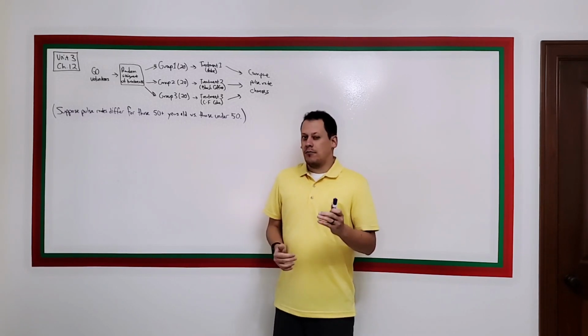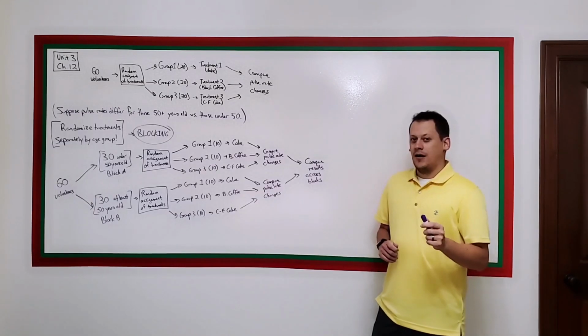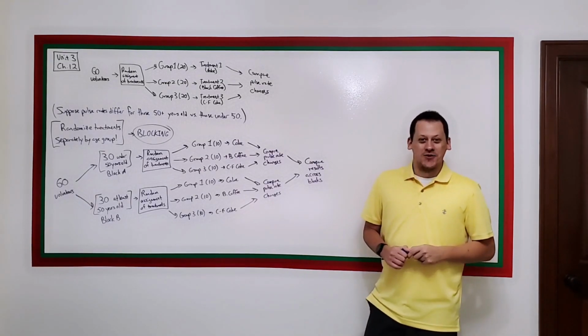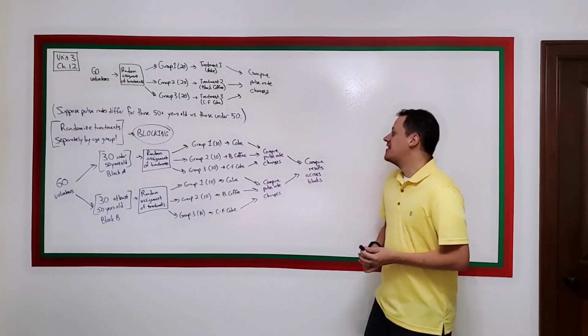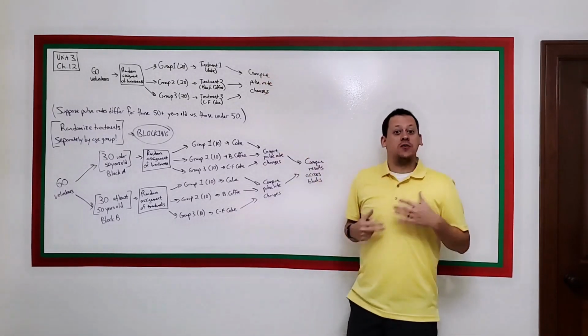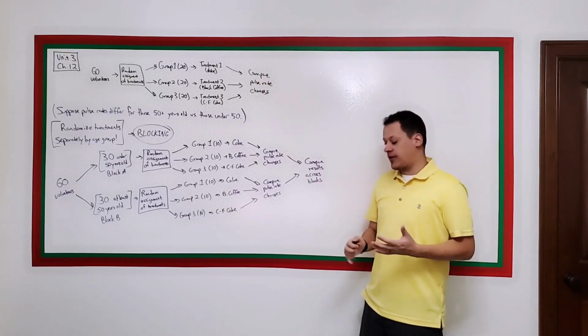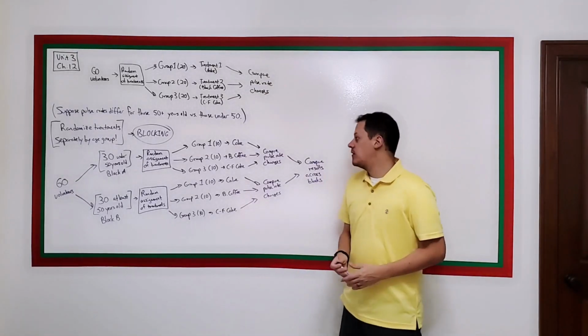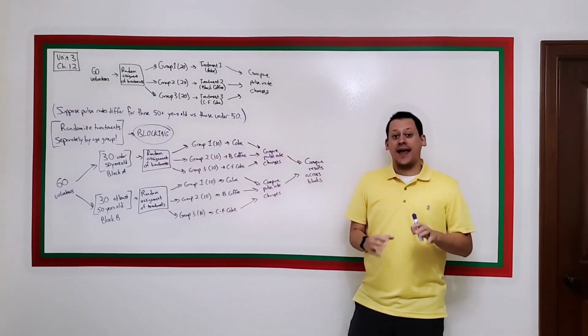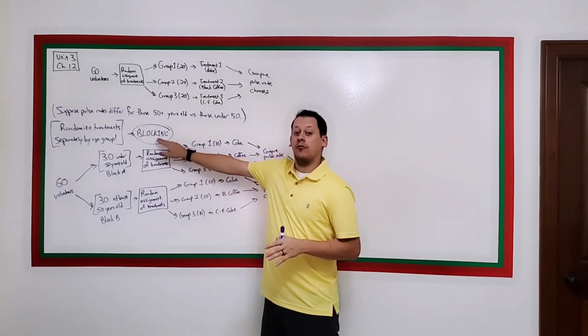That's called blocking. By blocking on age group, that turns our diagram into a little bit of a monster here. So essentially what we're doing is we're tweaking our original design because we feel like our response variable depends on age group. So we're going to be randomizing the treatments separately by age group. And again, that's called blocking.